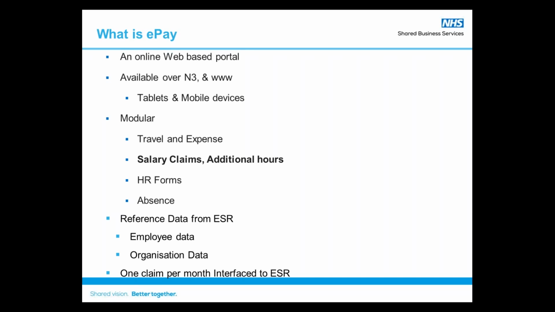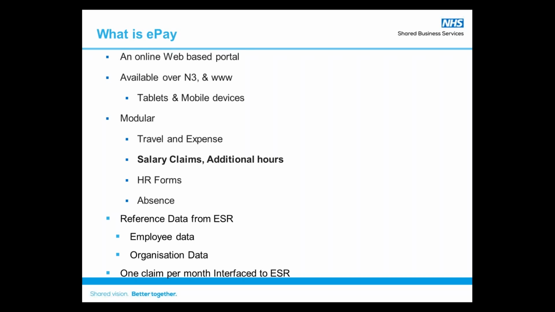All of that information gets sent from ESR to ePay via an interface. And any changes that happen to the record also come in as an update into ePay the following day. So for example, if your home address was changed in ESR today, effective immediately, then it would come into ePay on the interface the following morning.